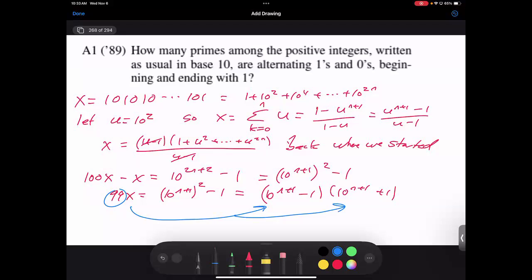But eventually, what's going to happen when n is sufficiently large? Eventually, each factor is greater than 99. And if each factor is greater than 99, then does x have to be composite?